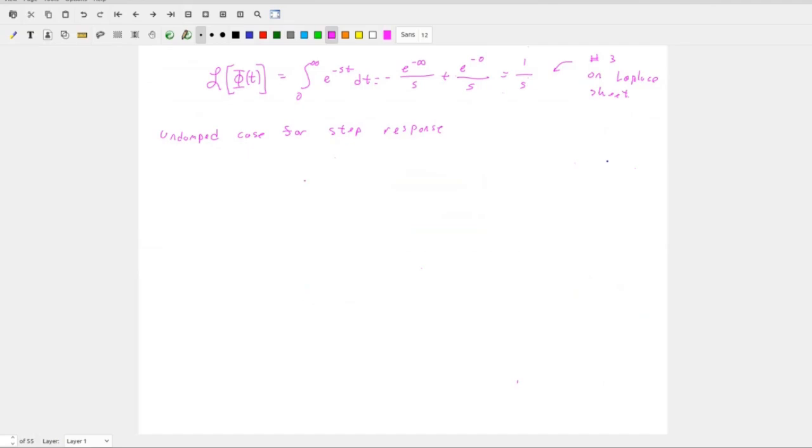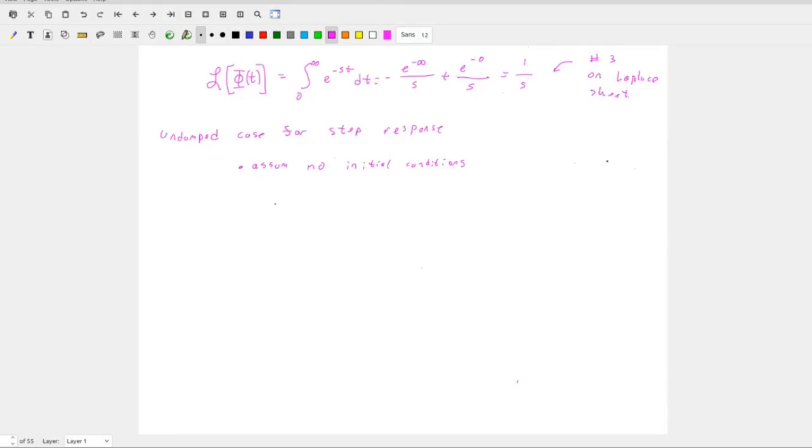So let's say, for a spring mass system subjected to a step response, assume no initial conditions. Right, that seems fair as I'm really interested in what the step response does to the system.